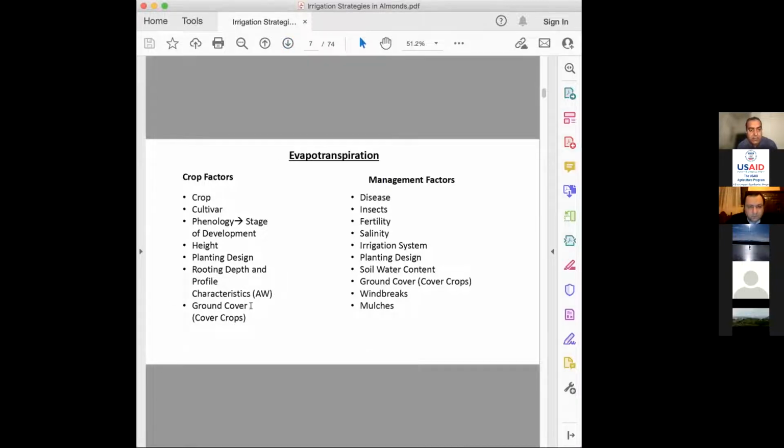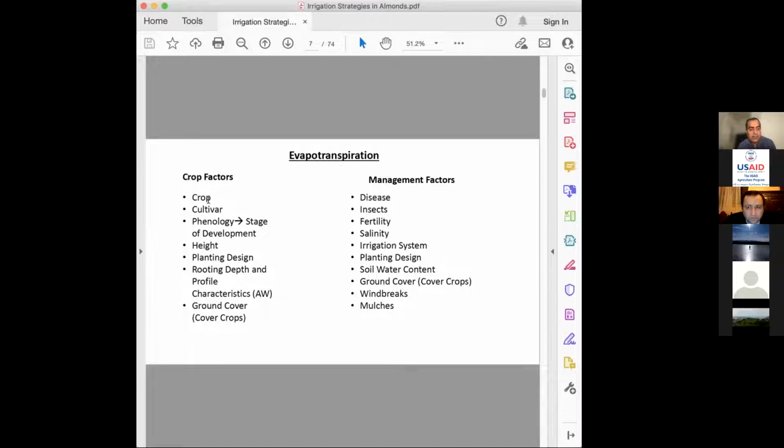This is a list of crop factors and management factors in evapotranspiration. You can see that there are a lot of different factors that affect evapotranspiration. Obviously the crop, what kind of crop you're growing, what kind of cultivar. We have different rootstocks and different cultivars, with varieties having different evapotranspiration demands.